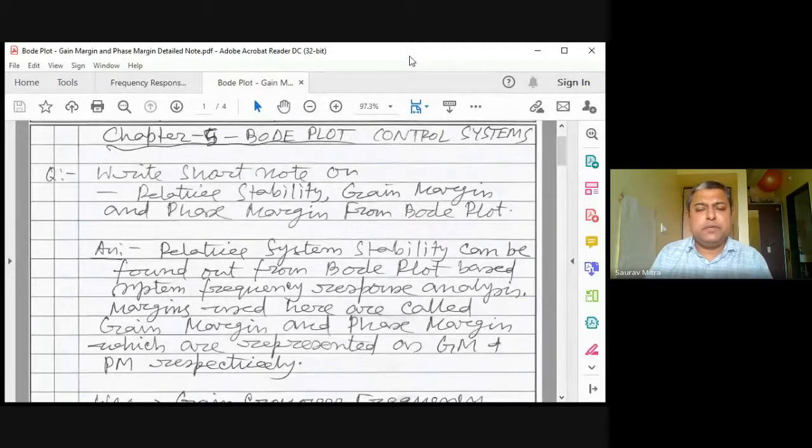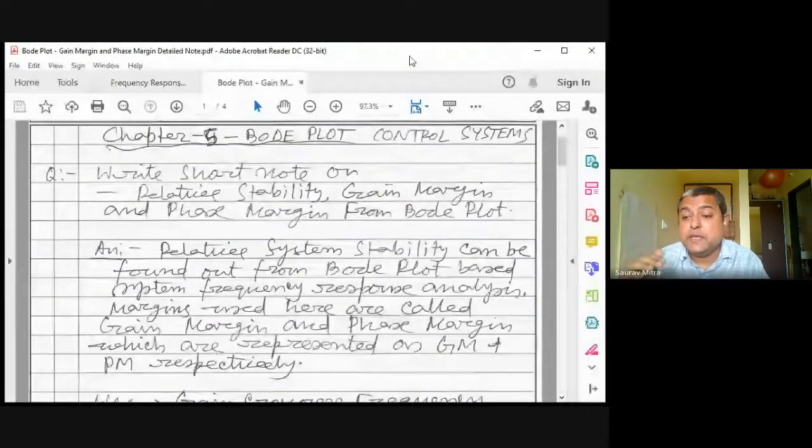Minus 150, minus 145, minus 30, minus 90, 0, 10, 100, 200, 700, all these systems are stable. But if the system phase becomes less than minus 180, that means minus 181, minus 200, minus 210, minus 230, all these are unstable phase.